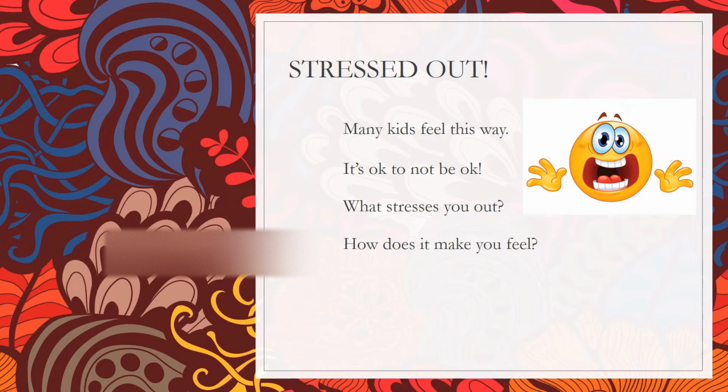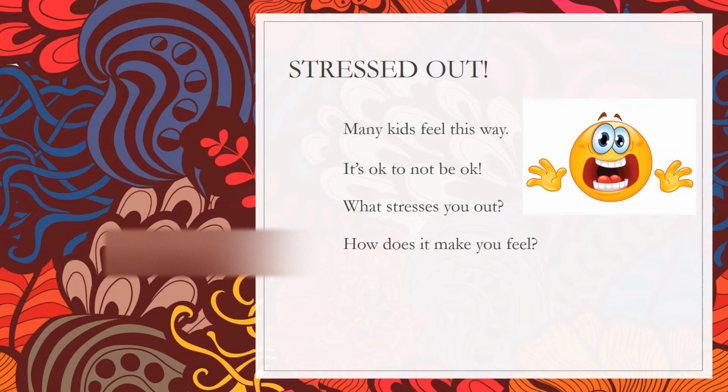And then we'll talk about, how do those things make us feel physically? So we might have a test that day and we're getting a headache from it, or maybe we got in trouble at home and so we might have a little bit of a tummy ache today at school, or maybe they had a disagreement with a friend, and now they're embarrassed and they don't know what other people are thinking, so then they're worried.